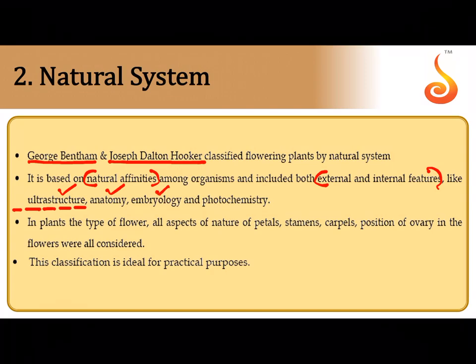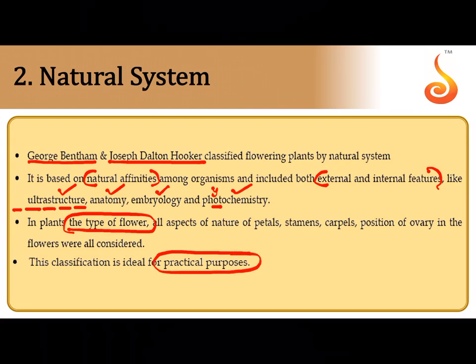It took into account the embryology, and also the phytochemistry, that is the chemicals which are usually found in plant tissues. Then it also takes into account the different types of floral characters or the sexual characters, and this is something which suits the practical purposes of classification, and we can say that it is somewhat a more scientific method of classification.